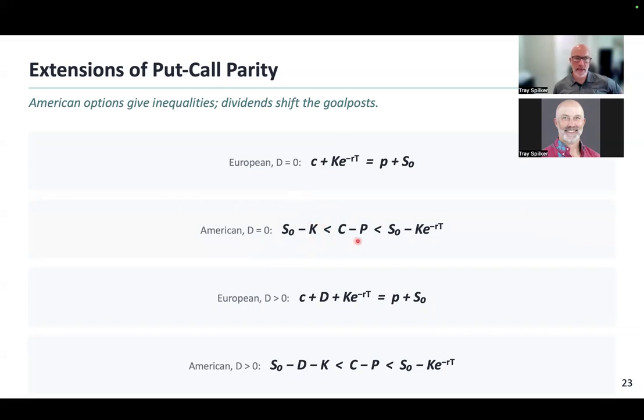And on the right-hand side of this inequality, we take into account that put options may well be exercised early, regardless of dividends, for an American style option. Sorry, that intuition is a little backwards here. This present value of the strike price corresponds to this call option right here, because these won't be exercised early. And again, the full strike price would be relative to this put value.